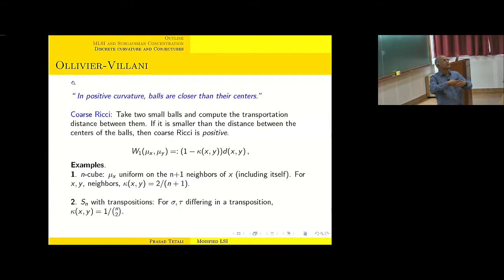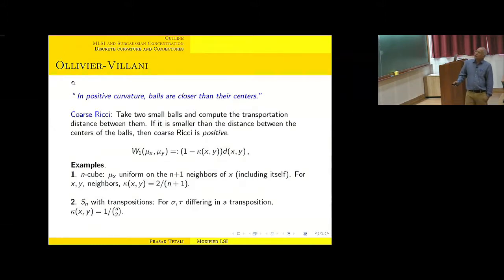For adjacent pairs you define distance any way you want, and then use the usual graph distance of the Markov chain support. So this coarse Ricci or Olivier curvature says that for a pair xy locally, curvature is kappa if you can show W1 is at most this. An inequality is fine: if you show W1 is at most 1 minus kappa times dxy, then you say kappa xy is at least whatever you have.